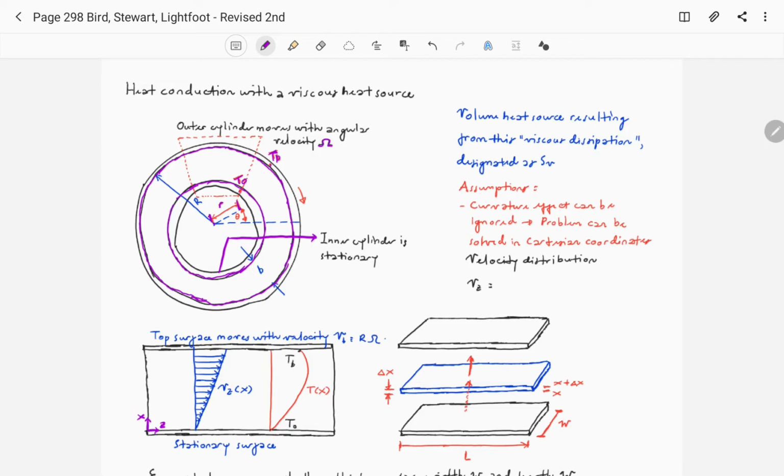As the outer cylinder rotates, each cylindrical shell of fluid, so what you can think of in terms of the cylindrical shell of fluid is that at any particular radius you have a cylindrical fluid element.